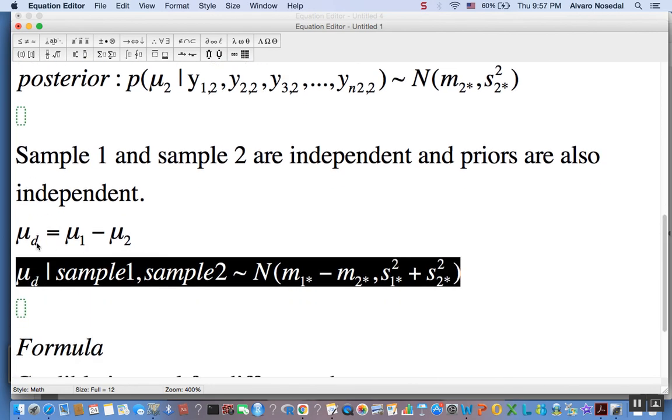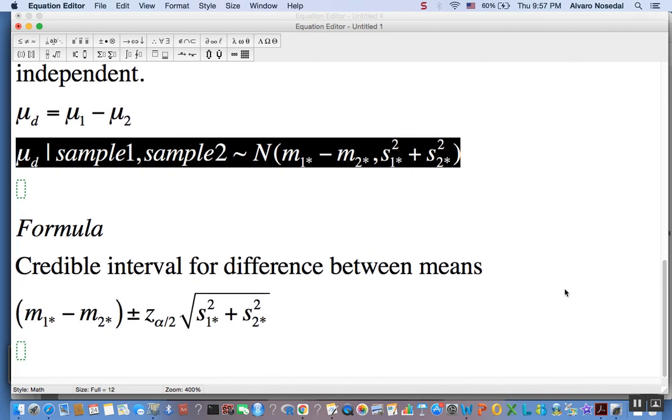So since we have independent samples and the priors are also normal, when we want to say something about the posterior distribution of the difference mu1 minus mu2, well, this is going to be just the difference between two normal random variables that are independent. We know that the distribution of that difference is going to be normal, with these parameters: the mean of the first one minus the mean of the second one, and the variance of the difference is going to be the sum of the variances.